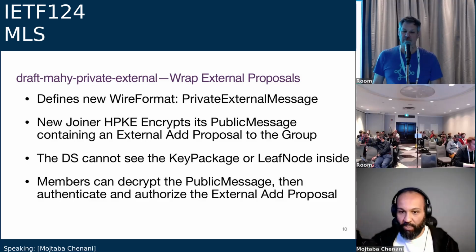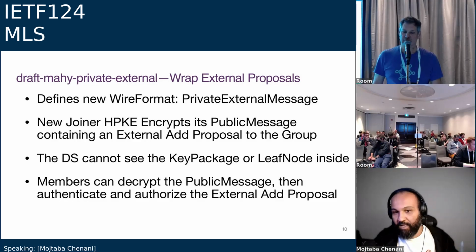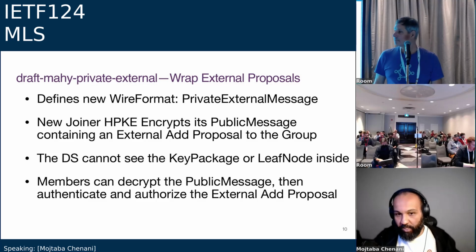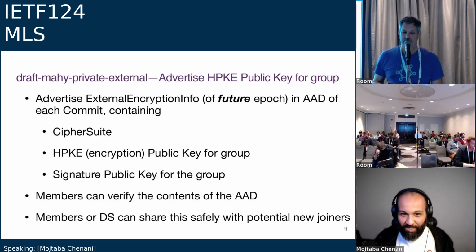Everyone will get that information to shape the external commit, but at the end they will encrypt it via that information. They will send the external add proposal, but it will be encrypted by all the information already shared on the DS. Could you please go to the next slide?